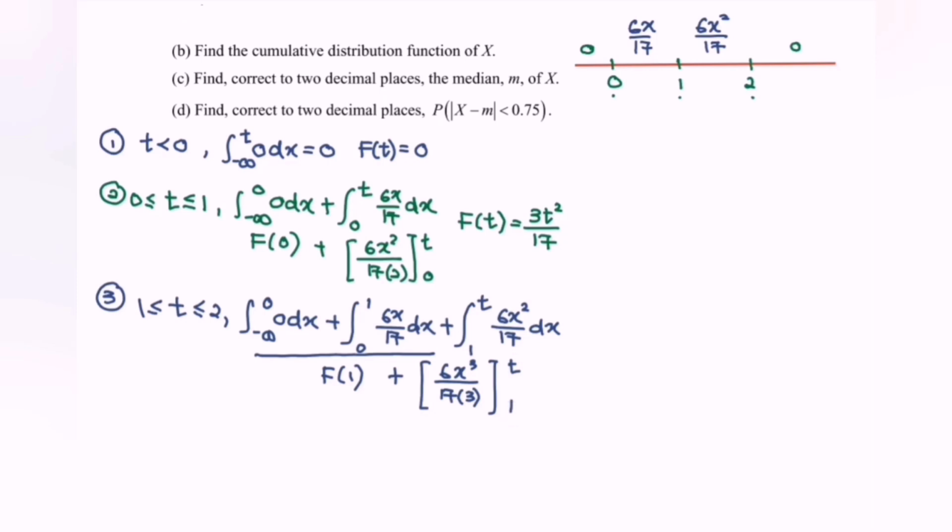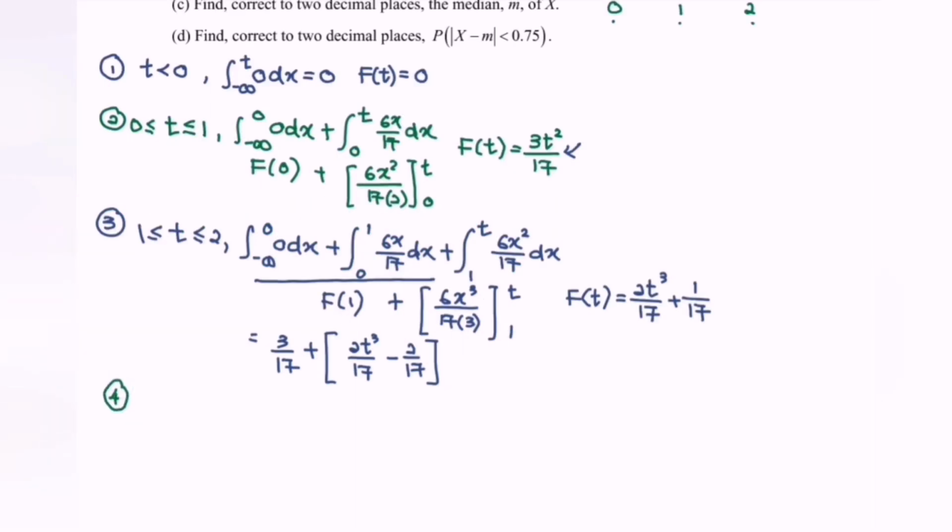Kindly substitute the 1 into this part. So we will have 3 over 17 plus bracket 2t cubed over 17 minus 2 over 17. Simplify the situation, where we will have F(t) is equal to 2 multiplied with t cubed over 17 plus 1 over 17.